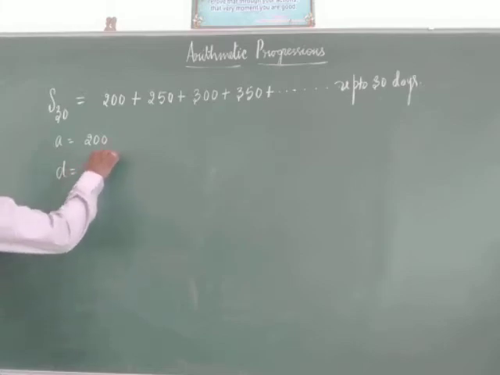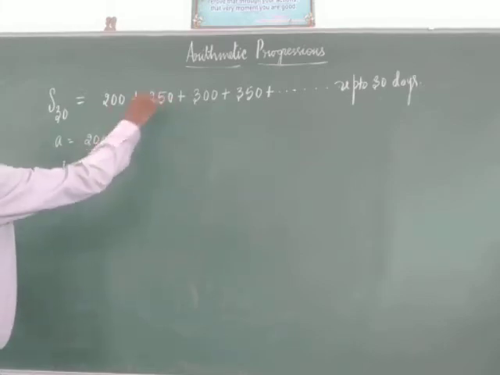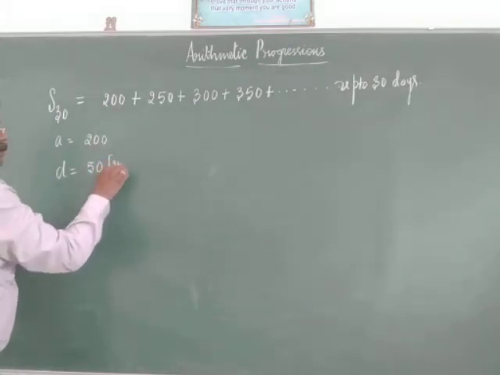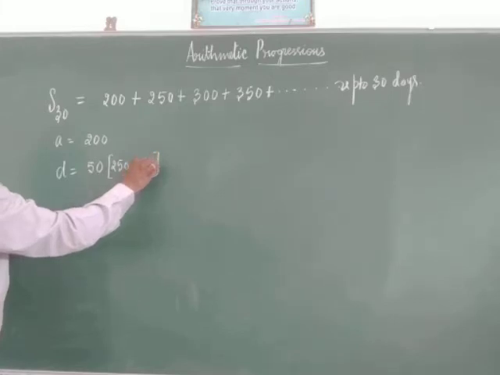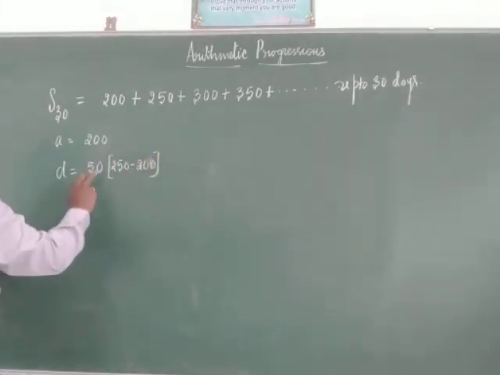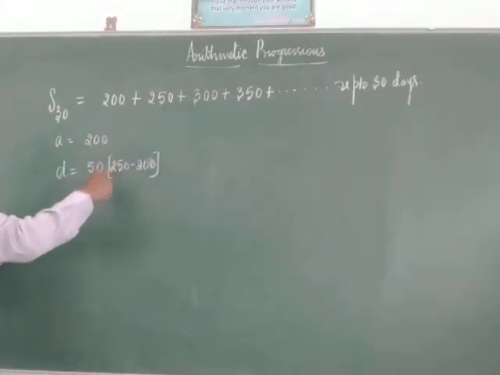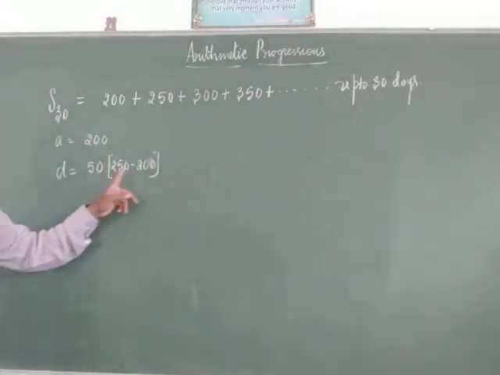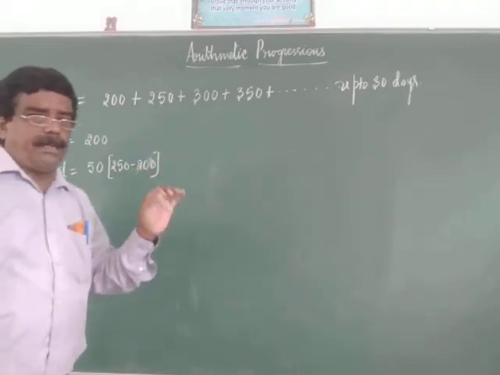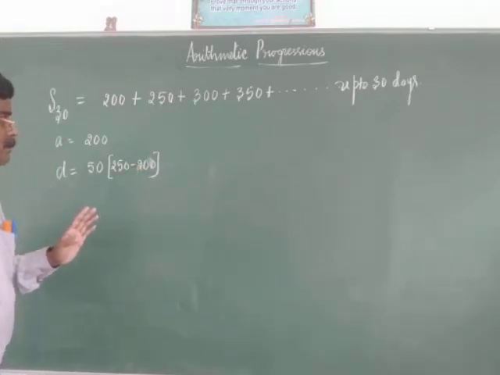How we got this 50: 250 minus 200, it's nothing but the difference. Or 300 minus 250 also you can take. Or 350 minus 300 also you can take. Be careful here children, because finding the difference is most important here.